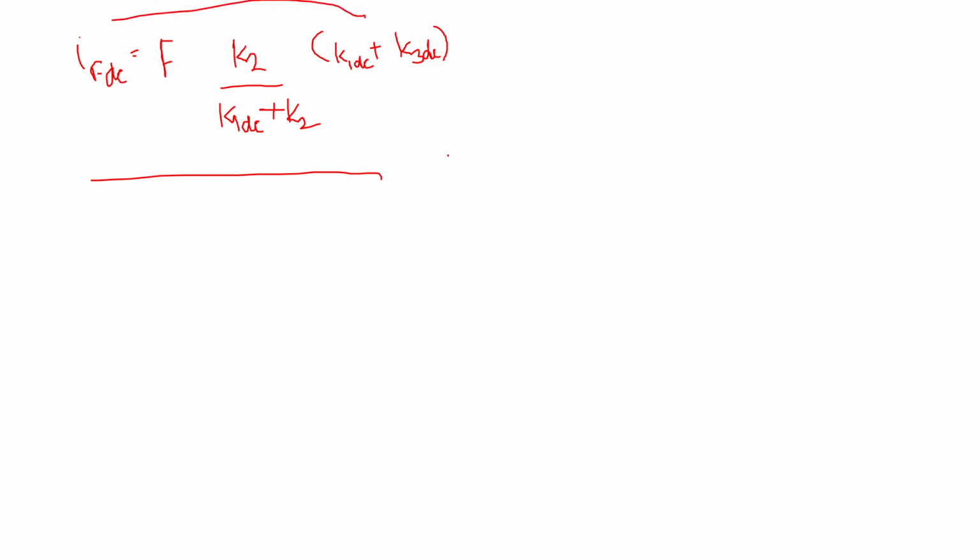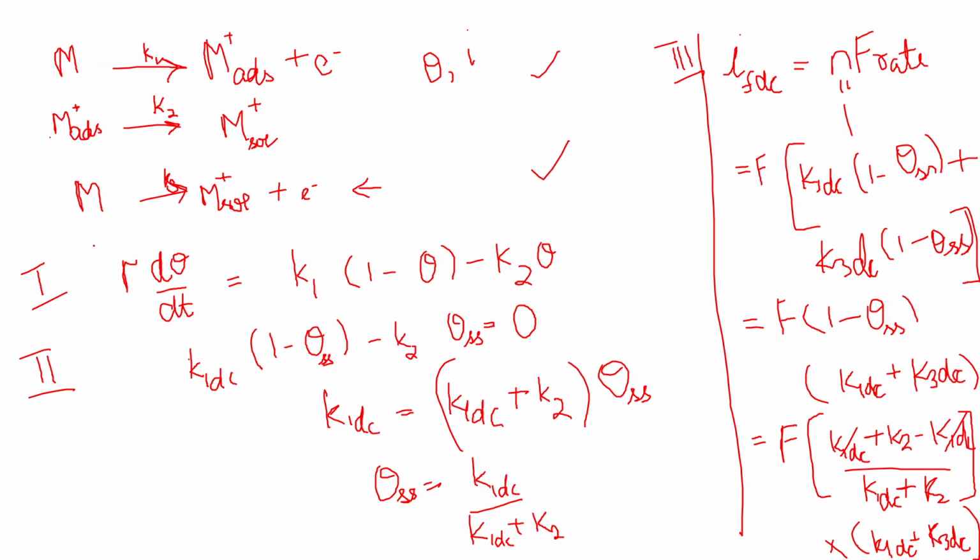Right, so this about that. Now the next one is to find out IFAC, that is, what is the Faraday current when you are applying an AC current also. So the equation remains the same, right? What is it?